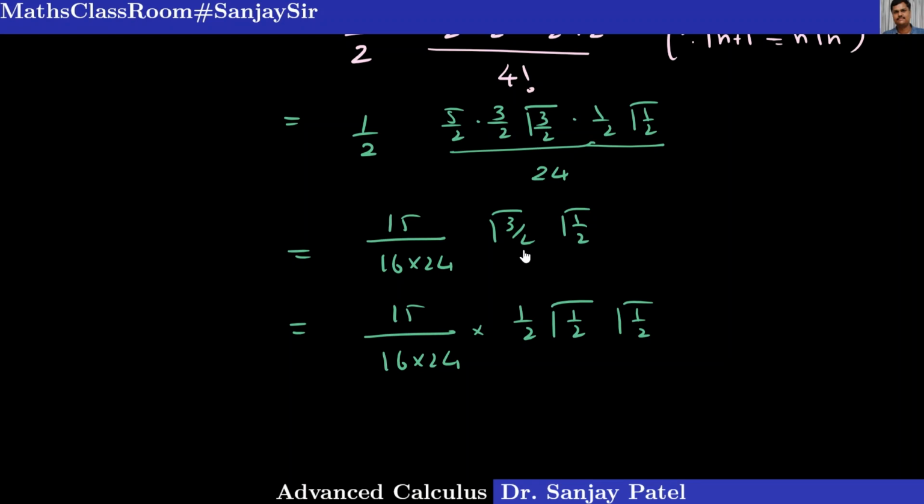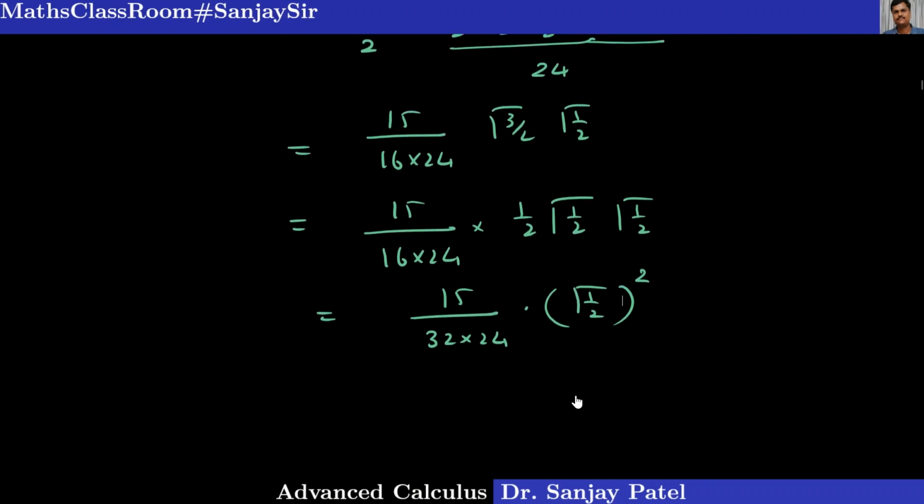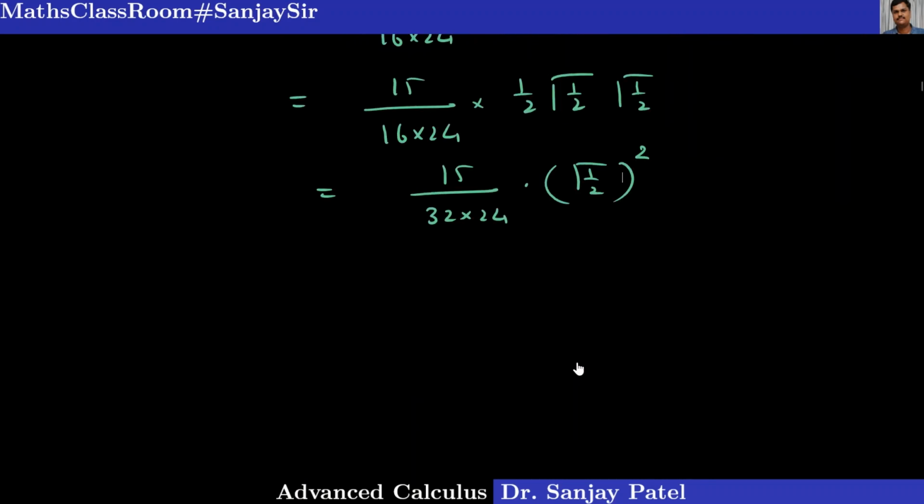Because 3 by 2 you can write as 1 by 2 plus 1, and again using the formula gamma n plus 1 is equal to n gamma n. So if you write this, 15 upon 32 into 24, and gamma 1 by 2 square.